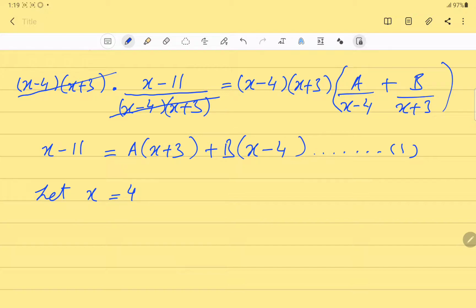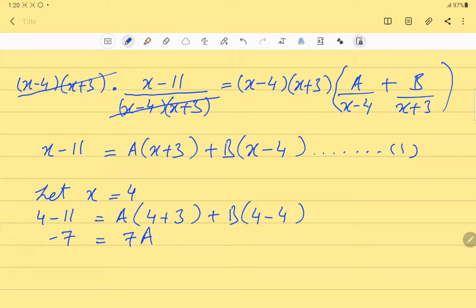Then equation number 1 will look like 4 minus 11 is equal to a into (4 plus 3) plus b into (4 minus 4). 4 minus 11 is minus 7. 4 plus 3 is 7, so 7a, plus 0.